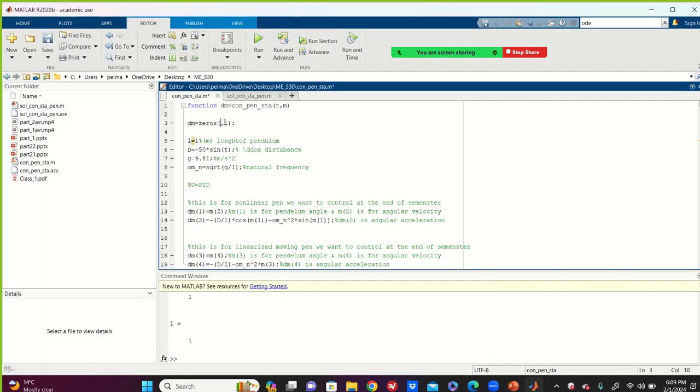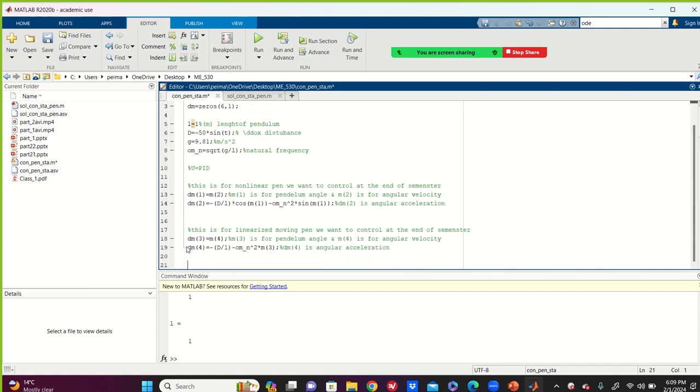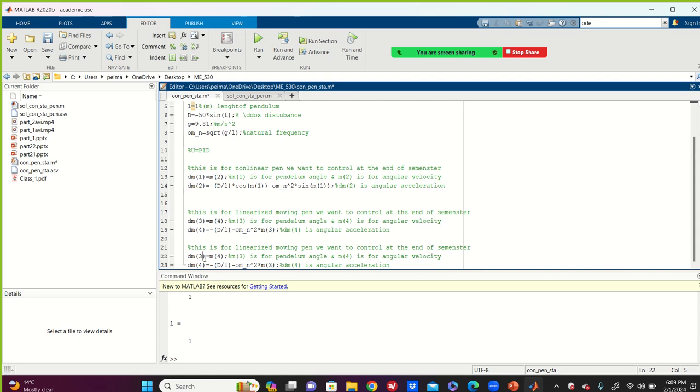I'm going to increase to 6, and I'm going to add this to the linear pendulum without disturbance. There we go. Only 5, 6, and 6. There's no disturbance. Bye-bye to disturbance.